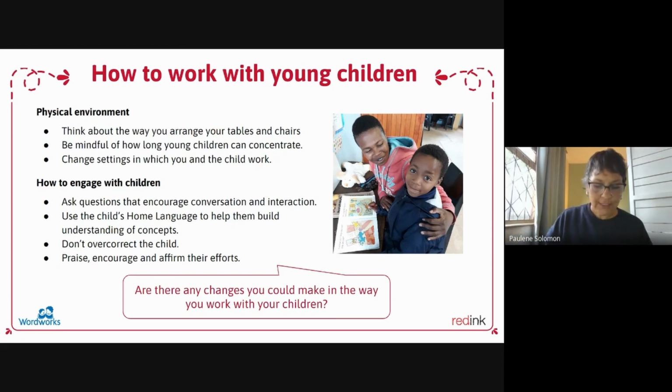Okay, so on the screen, we've put up some notes for you to think about when you're working with young children, to think about what's the physical environment, what kind of things should you consider physically, like with the stationery and the equipment, and then to think about how you actually engage with the children in the session.